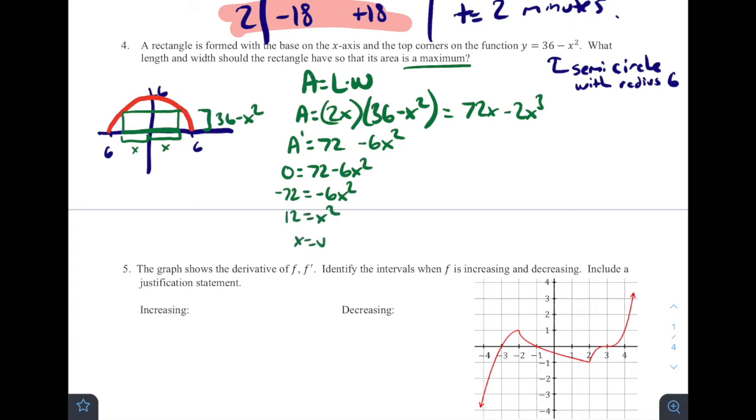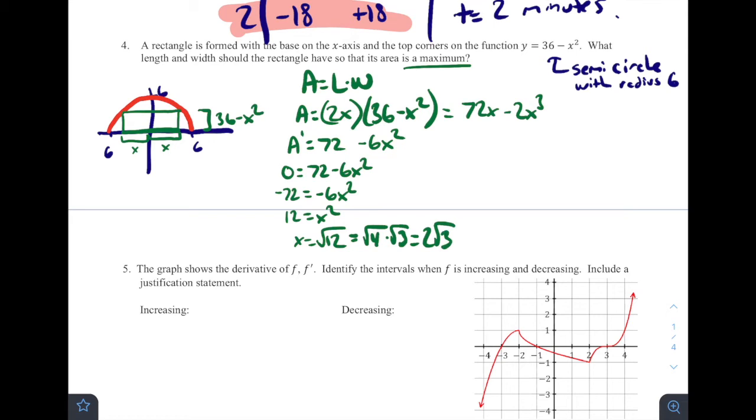So x is going to be equal to the square root of 12. So they're asking us what is the length and the width that the rectangle should have. The math lead in me says let's simplify this. We know we could break this square root down to be the square root of 4 times the square root of 3. So that's 2 root 3 for that side length.